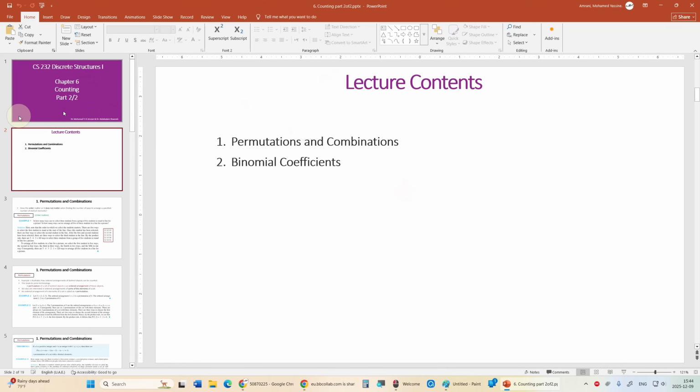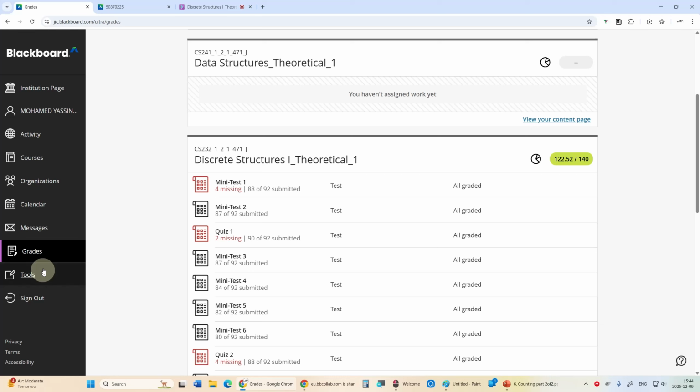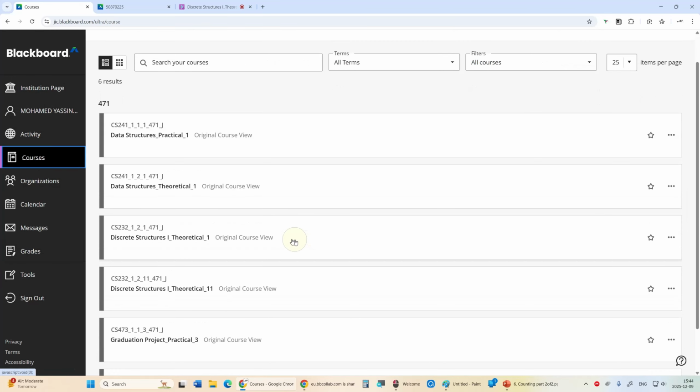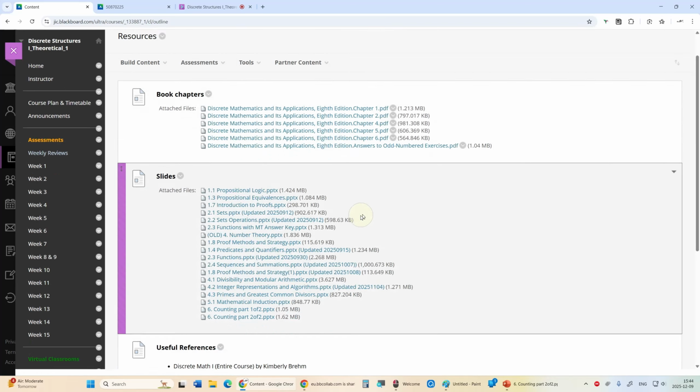Okay, so let me go back here. So we have these permutations and combinations. This is the first part we're going to do, and the binomial coefficients. So what I did actually, the slide that I shared before, I split it into two, the first part and the second part. So if I go back to the course, the resources, this is what I just did.